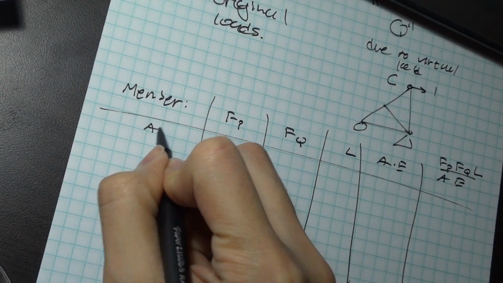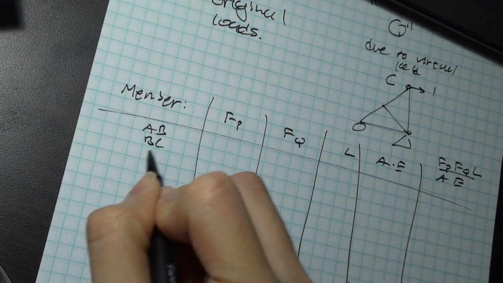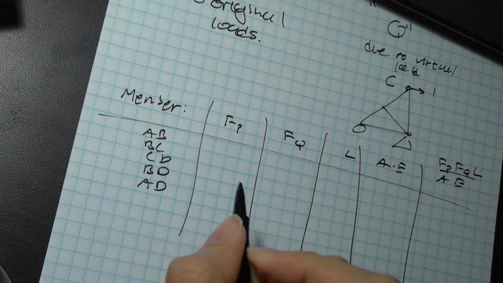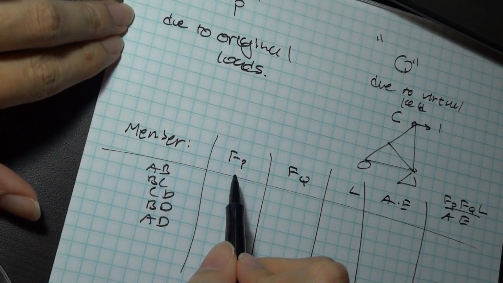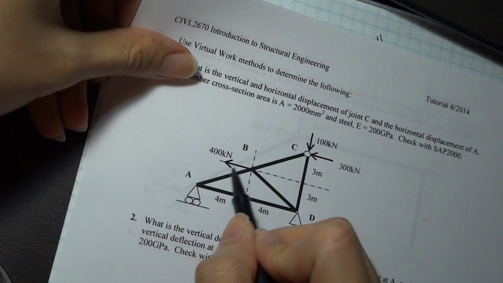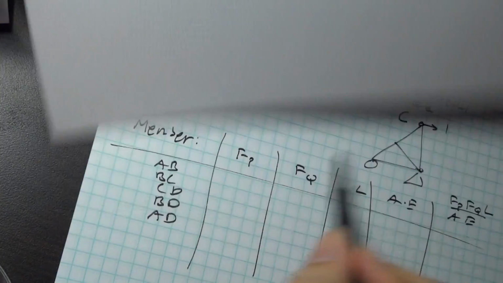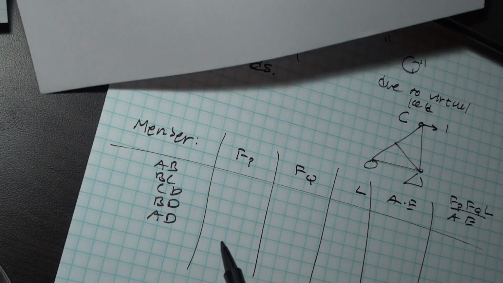I would have AB, BC, CD, BD, and AD. I would find the force in member AB due to these 3 loads, and I put that down here. I would find the force in AD due to these 3 loads and put that down here. And I would do that for this column.